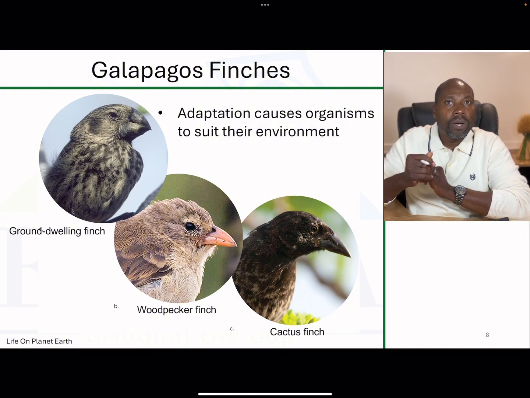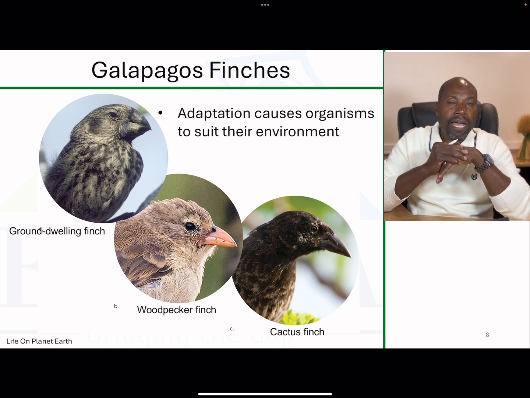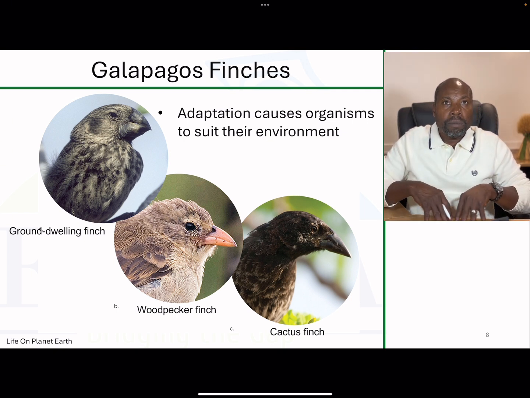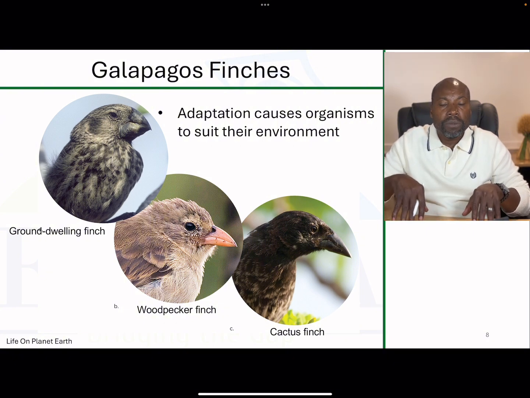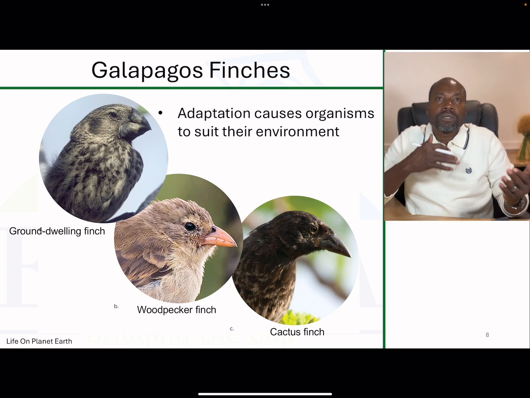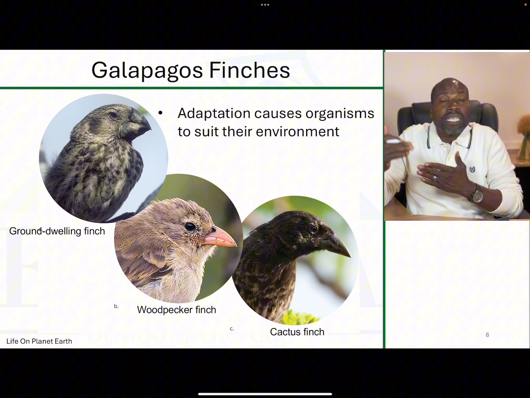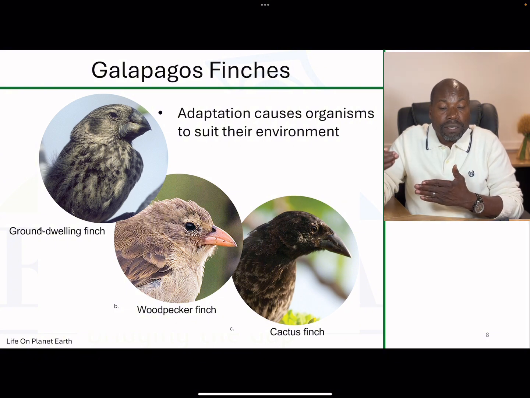Because some of them were arboreal, so they would be on top of the trees. Some of them actually were spending more time on the ground level, right? Some of them were having some particular type of songs. Others were singing different kinds of songs, right?